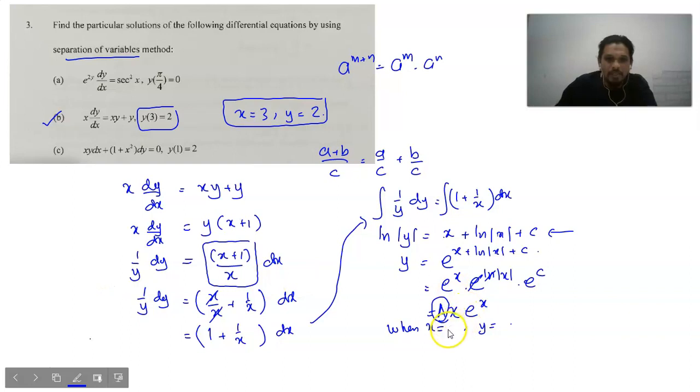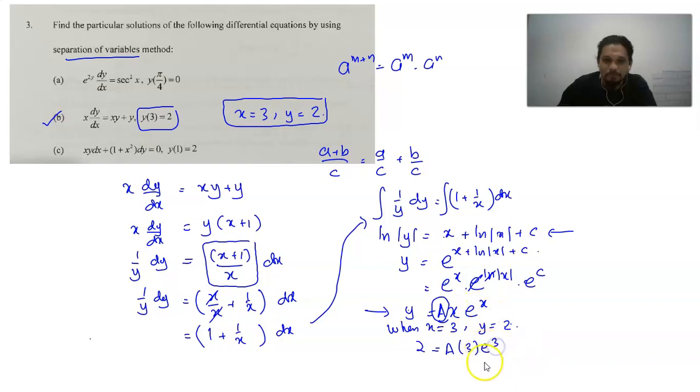So when x equals 3, y equals 2. Substituting, y is 2, so 2 equals a times 3 times e to the power of 3.